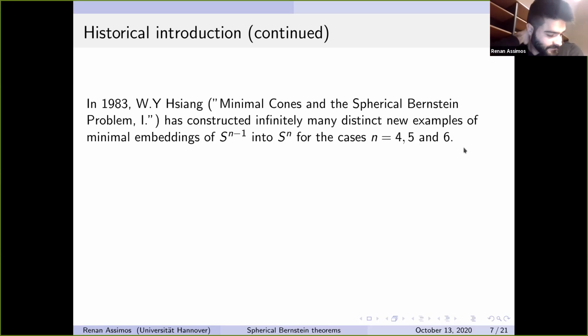So therefore, even in dimension 4, such a spherical Bernstein problem does not hold, okay? All right, so these are the results of Hsiang.